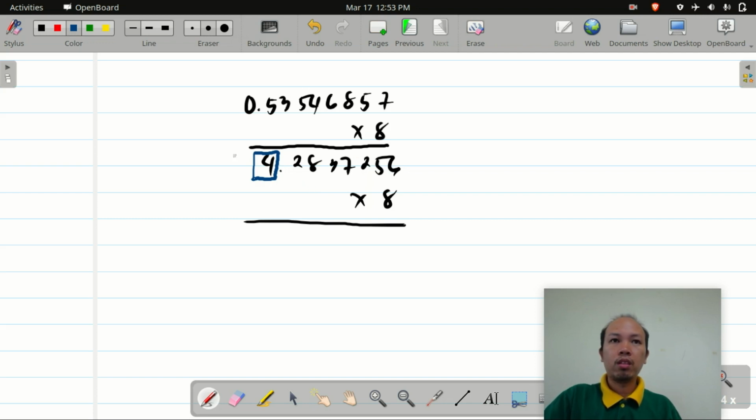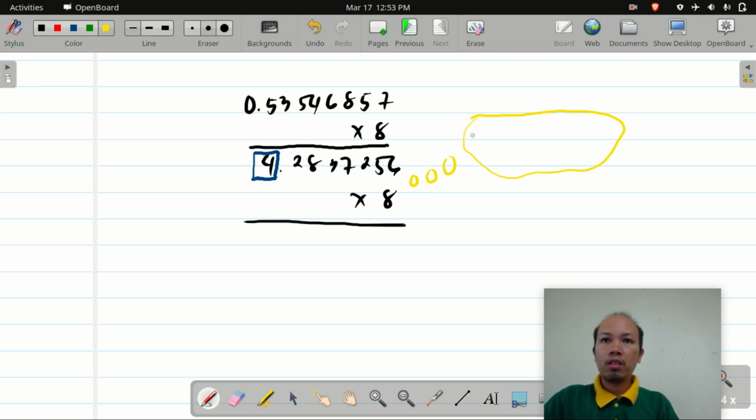Okay, so multiply again by 8 is 34. Okay, so let's have a bubble thought here. So the answer is 34.2698048.